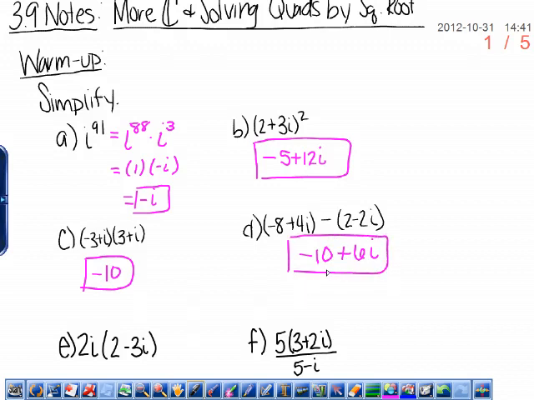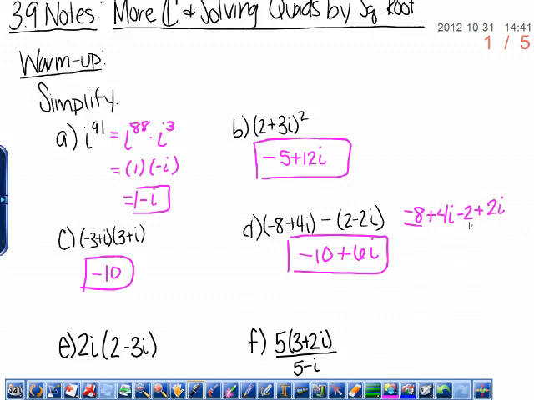Questions on that one? Yep. This is a subtraction problem. We need to subtract this whole term here, this whole complex number. So I need to distribute that negative. So this is going to be negative 8 plus 4i minus 2 plus 4i. Or sorry, plus 2i. You're combining the real parts and the imaginary parts.